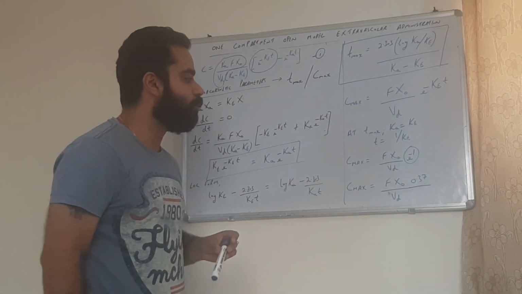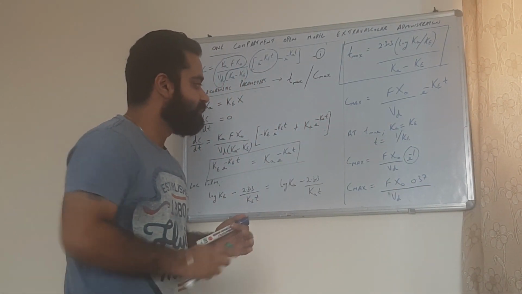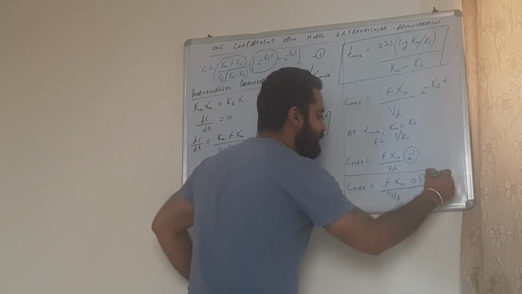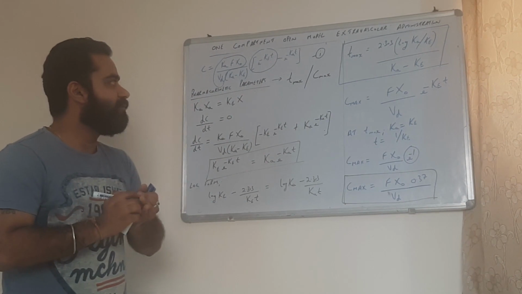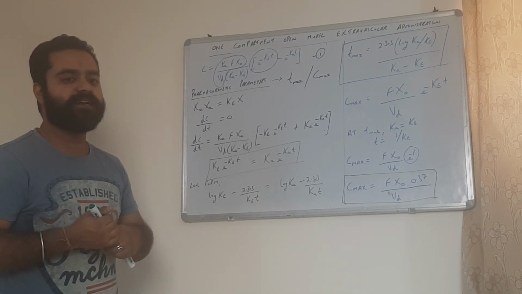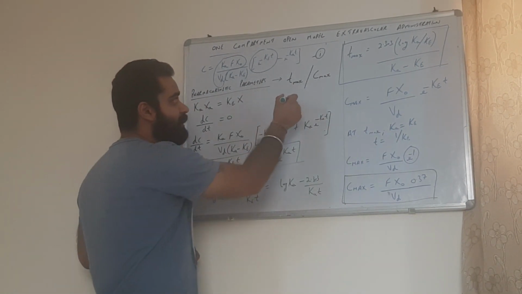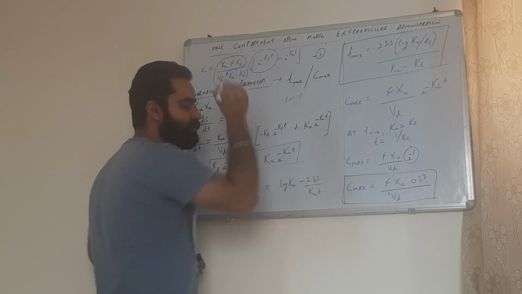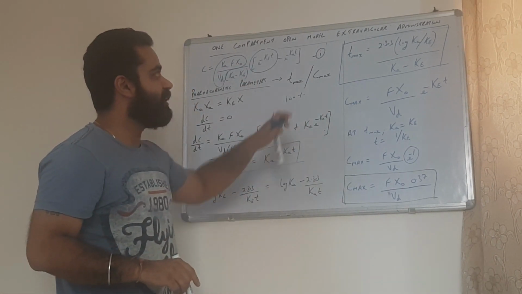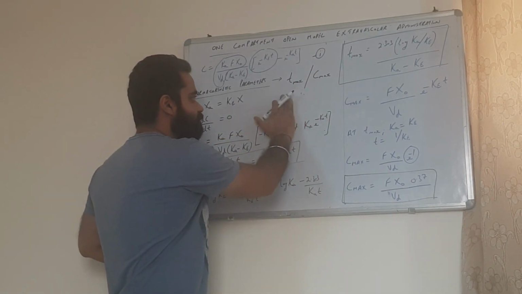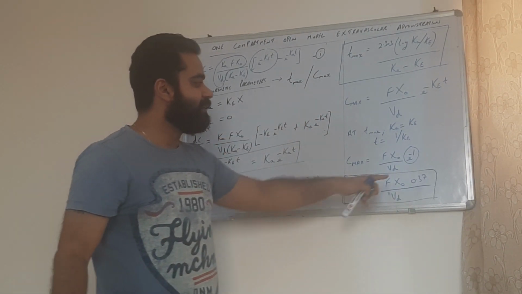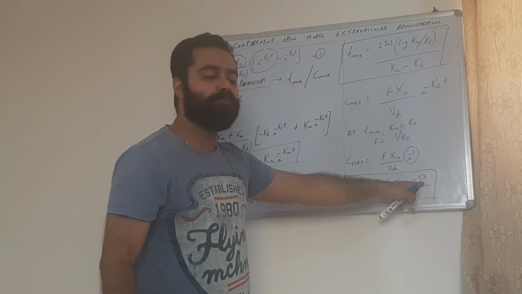So Cmax is 0.37 times F X naught upon Vd. Now, this has a clinical significance, and what is the significance? See, in case of intravenous administration, we were considering that the bioavailability is 100%. But in case of extravascular, it is not 100%. So what is that value? Generally, it is seen that it is equal to this fraction 0.37.